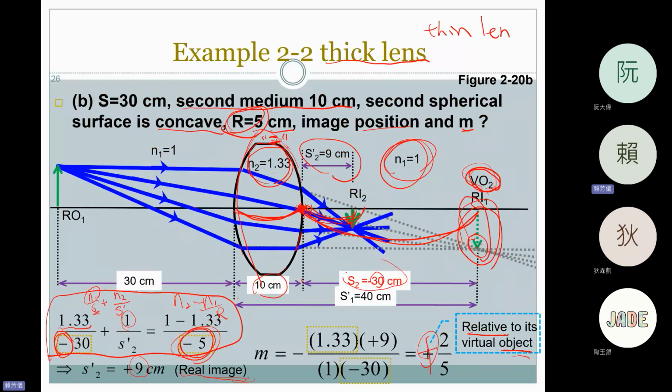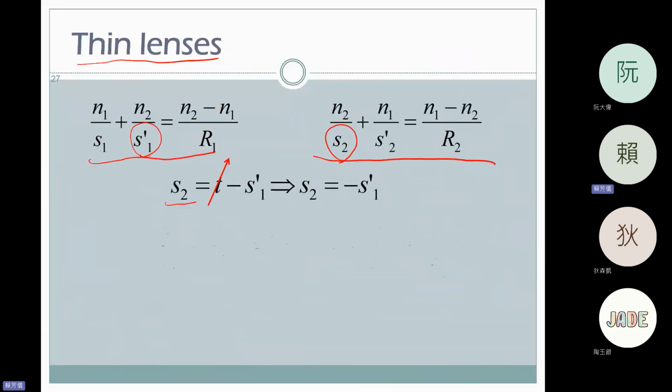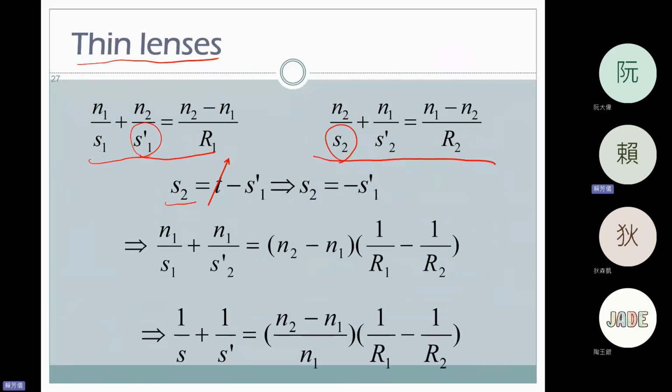We can use this S1 prime minus the thickness, but you know that this S2 is actually negative, so we use T minus S1 prime, so we will get the right sign for this one.